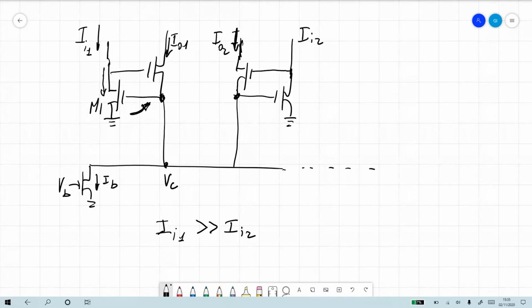We want to see what is happening now to the other branch on IO2. So let's just make this M2 and then this M3 and M4. Okay, so let's look at what's happening with M2.